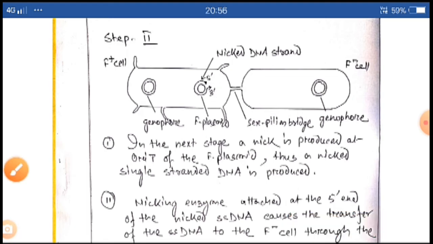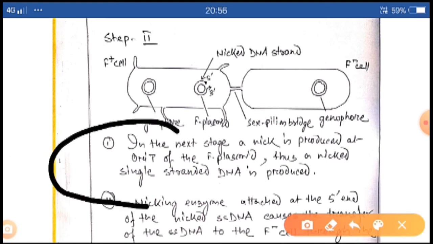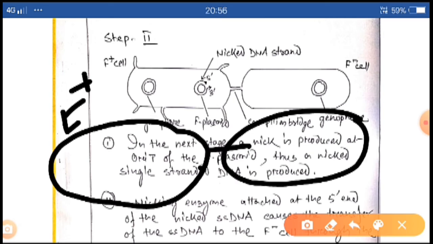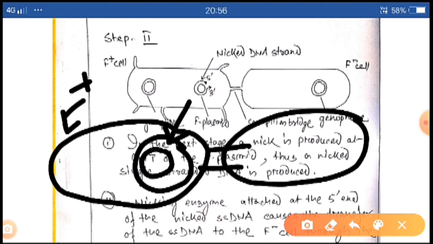Clear? Again I am telling you what happened. If this one is the F plus cell and this one is the F minus cell, and this is the point of contact or the bridge or the tunnel, then out of these two DNA strands, one will be broken at a particular point.